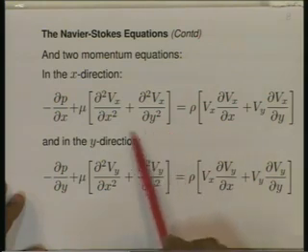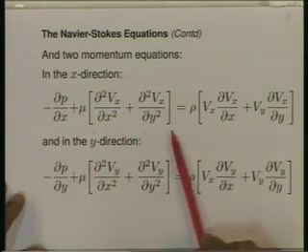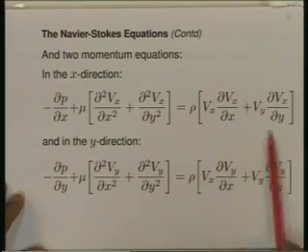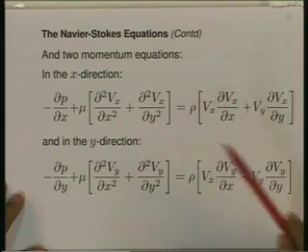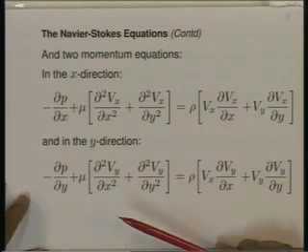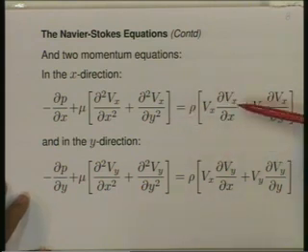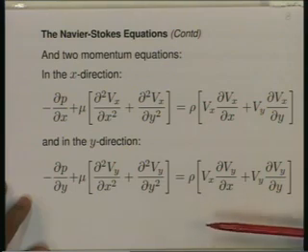The left hand side represents the net force acting on an element of fluid, and the right hand side represents the net outflow of momentum from that small element. Notice that nothing changes with time, so a term containing say dVx by dt does not enter in these equations.